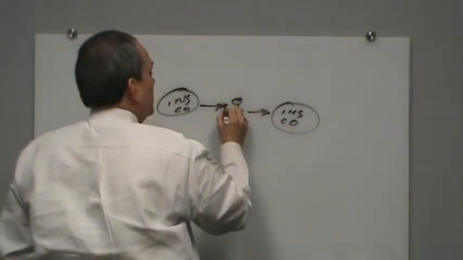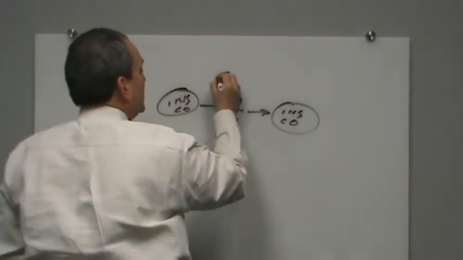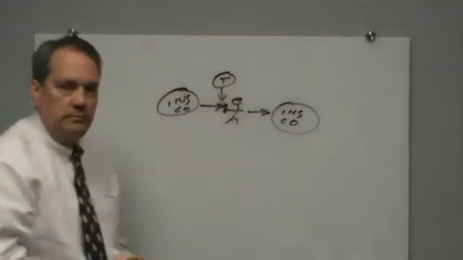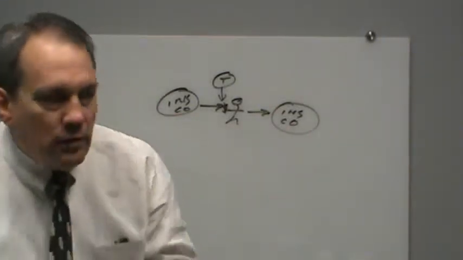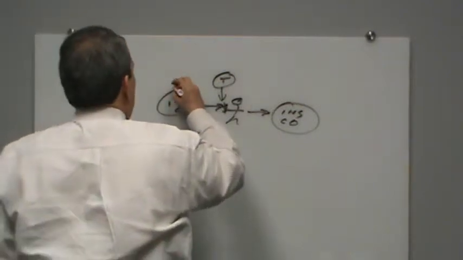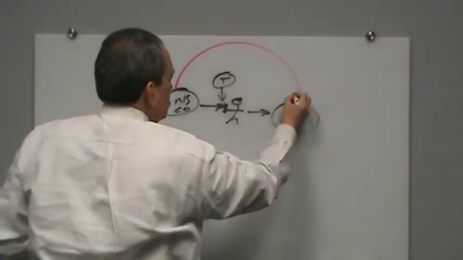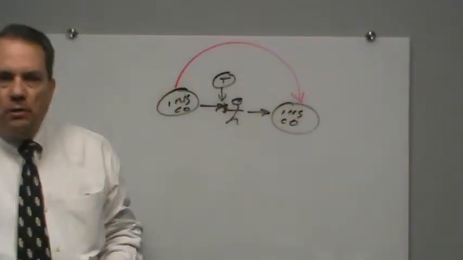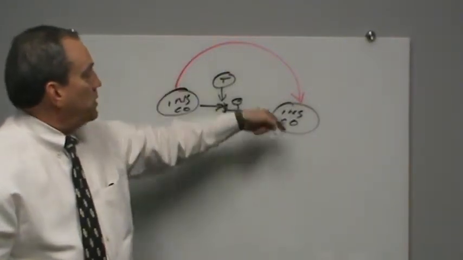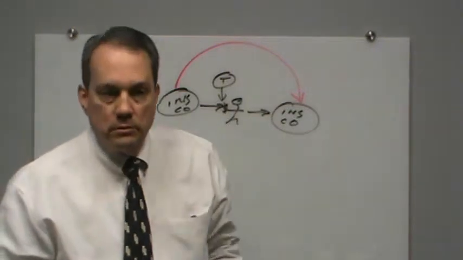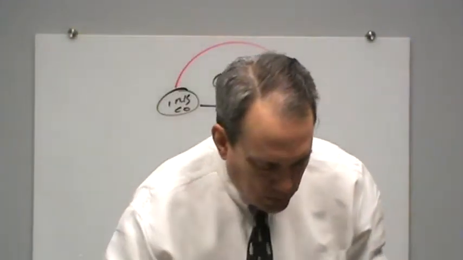Right there, when you touch it, that's a taxable event. Okay? But if the money goes through the ether, like so, then that's a 1035 exchange, and look, we just bounced right over that taxable event. So it's got to go insurance company to insurance company.